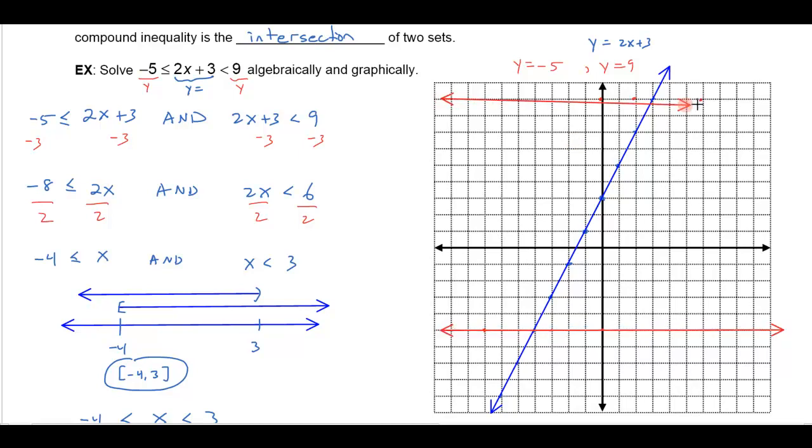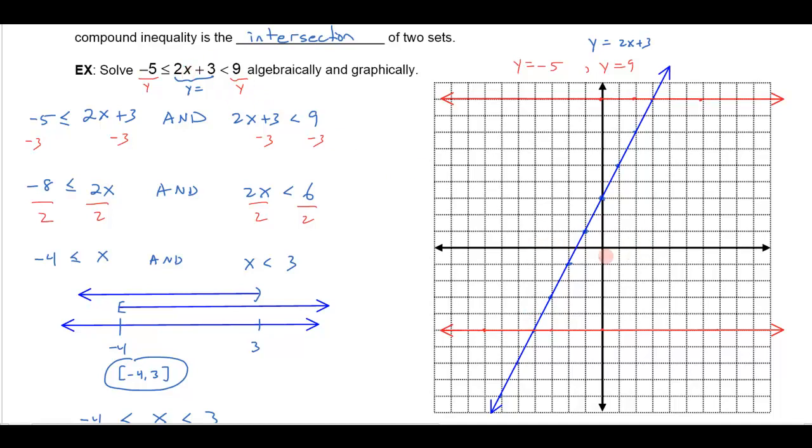And if we think of this compound inequality graphically now, I'm really saying, okay, where is this blue line sandwiched between the two red lines, between the negative 5 and the 9? You can see, well, it's right here is where it's between. You can see that, right? And again, I want the x's that correspond to that.